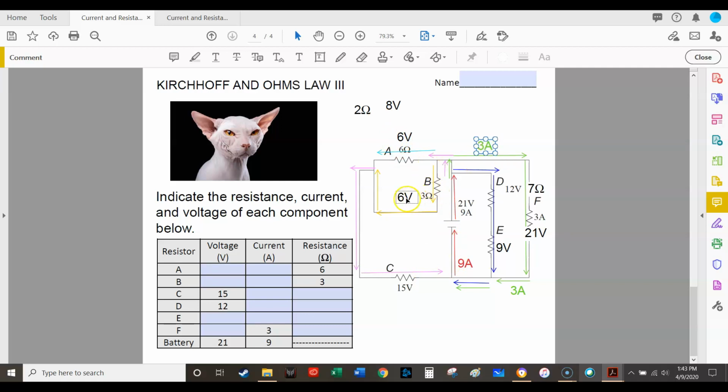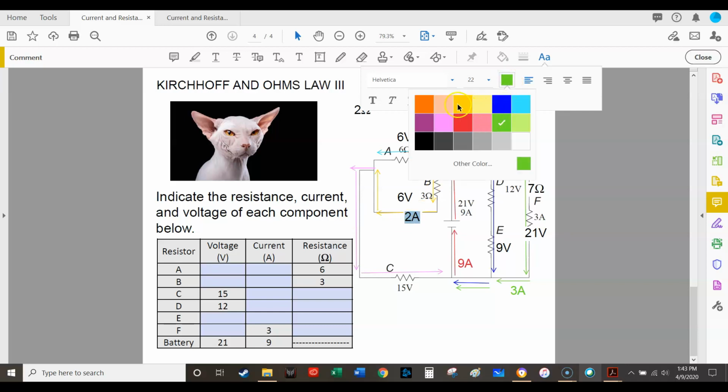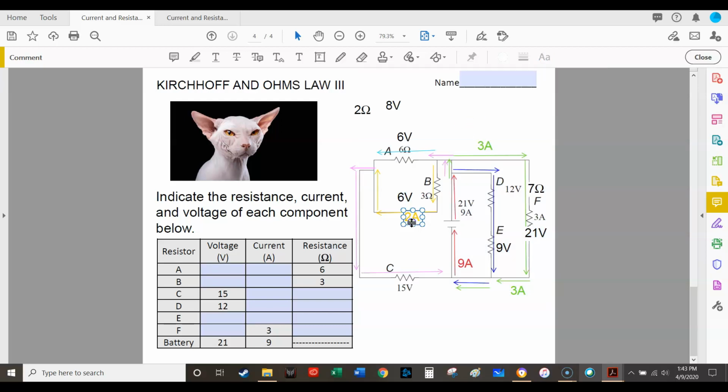So 6 volts divided by 3 ohms is going to be 2 amps. And we're going to call that orange. So that means orange is going to be 2 amps. And that 6 volts divided by 6 ohms is going to be 1 amp. And so that is baby blue.